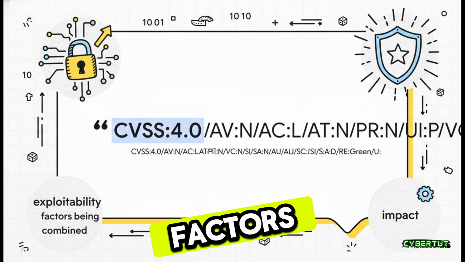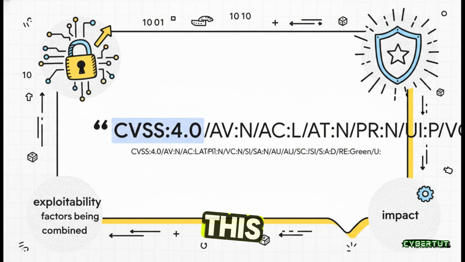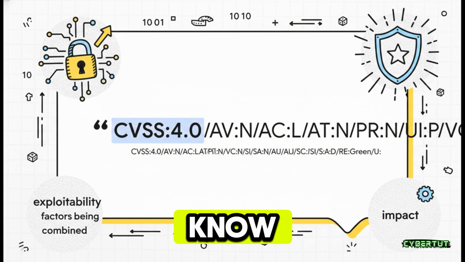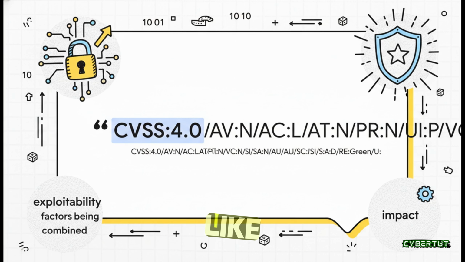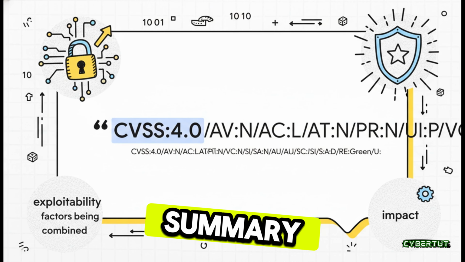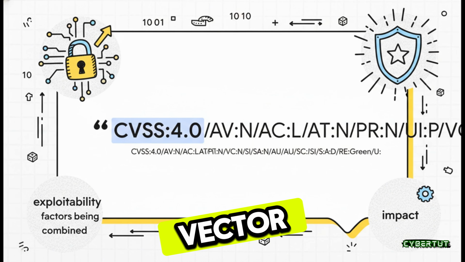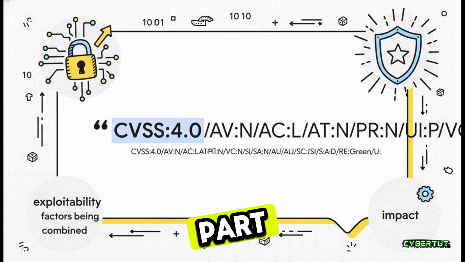So you take all those factors we just talked about, they get rated, and then they're all combined into a CVSS vector string. I know, it looks like absolute gibberish, like a line of code from a sci-fi movie. But it's actually just a shorthand summary of all those ratings. See the AV:N, that just means the attack vector is network. Each little piece is just part of the puzzle.